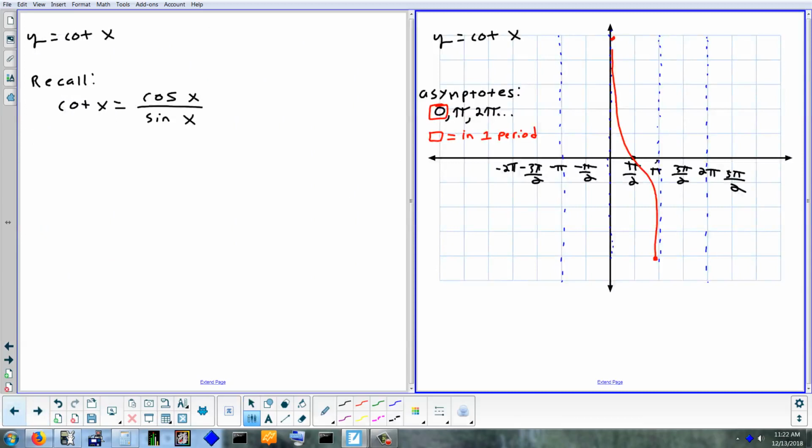Pi over 2 is now a 0. 3 pi over 2, I didn't draw it, but that would be a 0 as well. And the curve switches, because if you check a point just to the right of the y-axis, which is an asymptote, it's going to be way up. If you check a point just to the left of pi, like if you try 3.13, it's going to be way down.